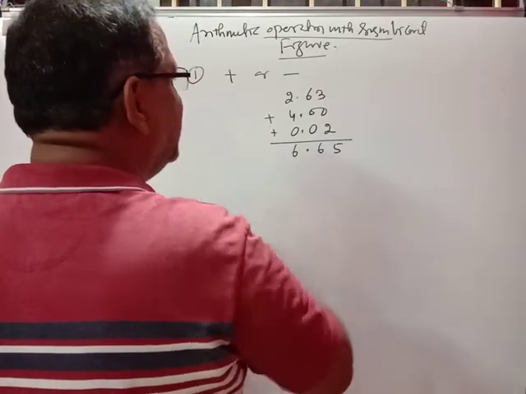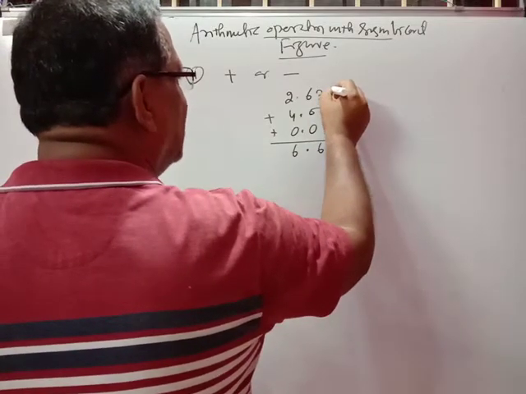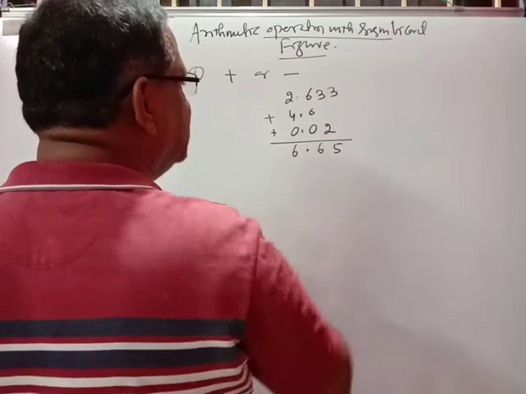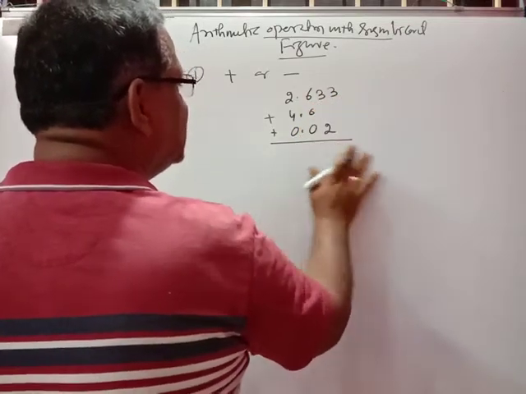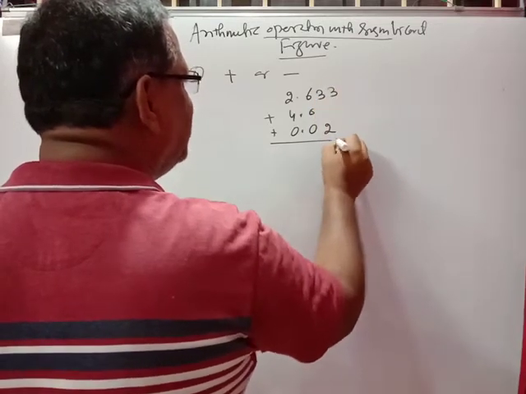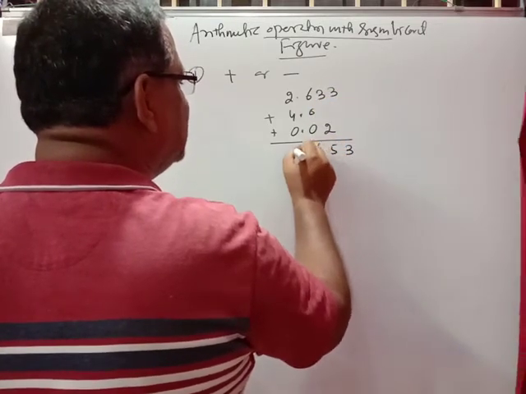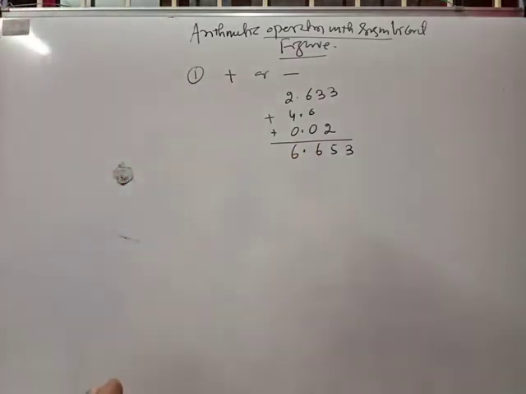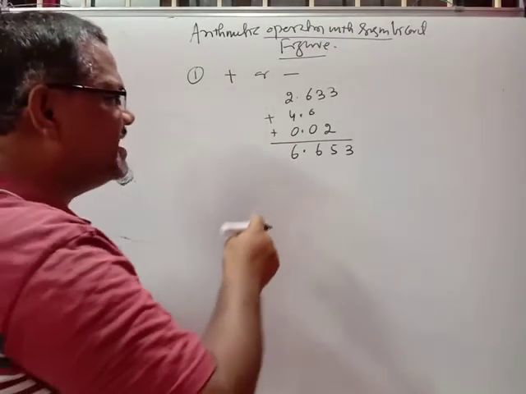In the same manner, suppose this question is modified: it is 2.63, and it is 4.0, and that is 0.02. What will be the answer in this case? The sum is 6.65. We have to look at the minimum number of digits after the decimal point.